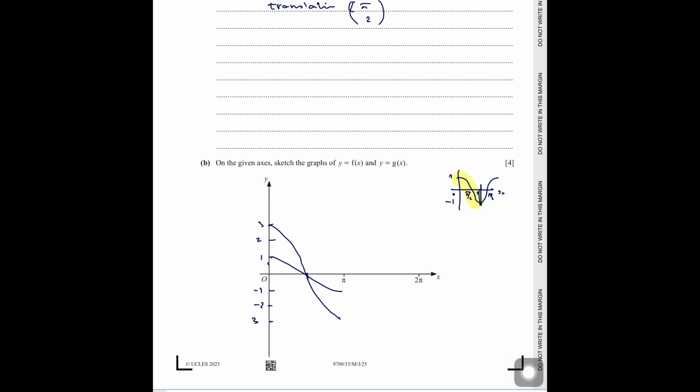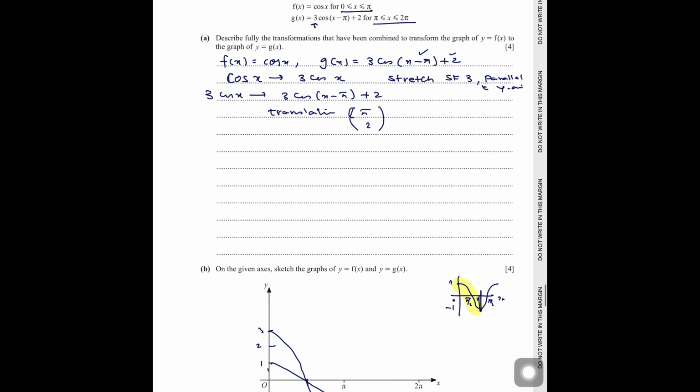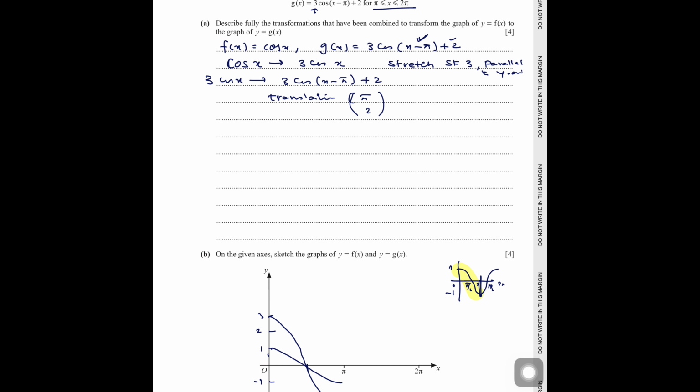Better. All right. Next it says translation of pi and 2. For cos, it was x minus pi. Means if it is minus, you move to the left, and if it is plus, you move to the right. So this is plus, I'm moving to the right.